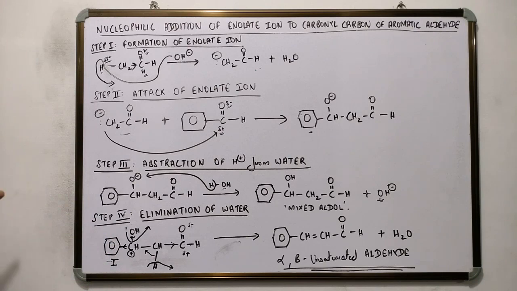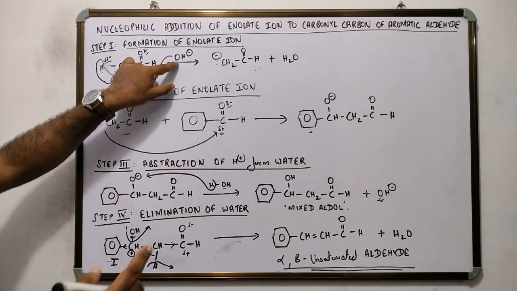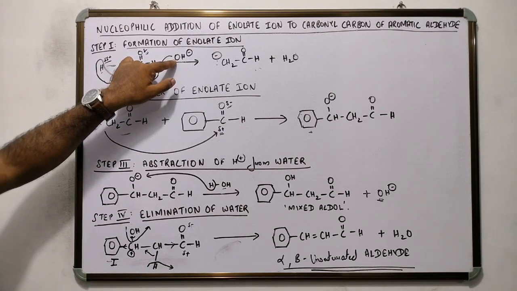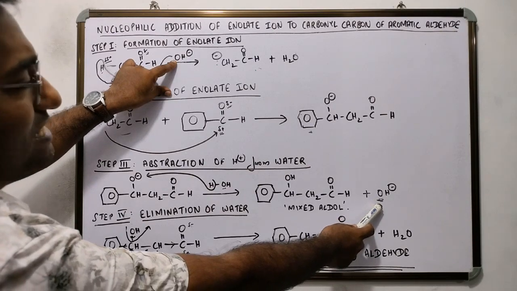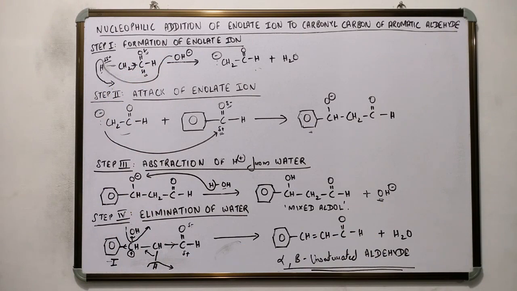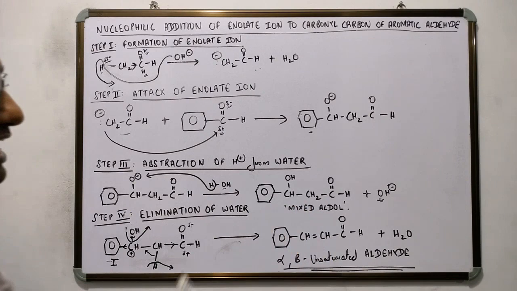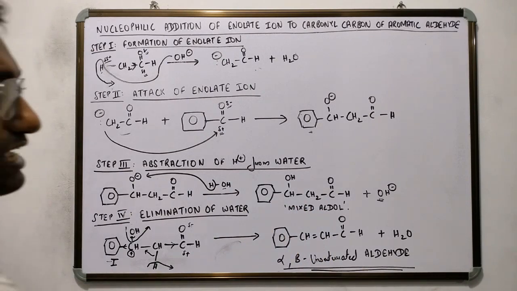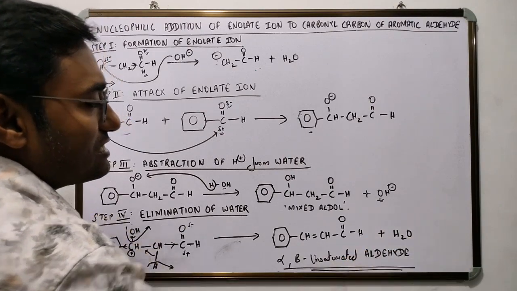There are 3 key movements in this reaction. Number 1 is the role of base as catalyst. As we can see, base was used in the first step while it was retained in the third step. This reinforces the role of base as a catalyst. The second event is the formation of mixed aldol, and the third event is the elimination of a simple molecule of water, which makes this reaction a condensation reaction.